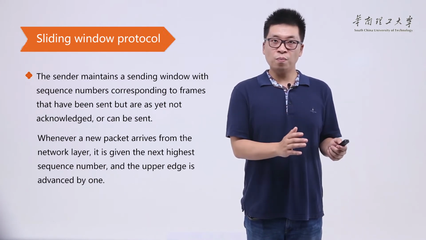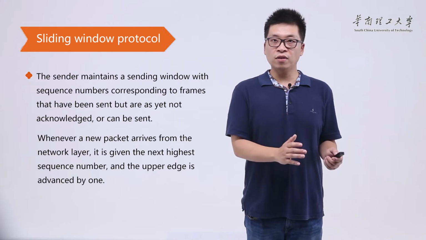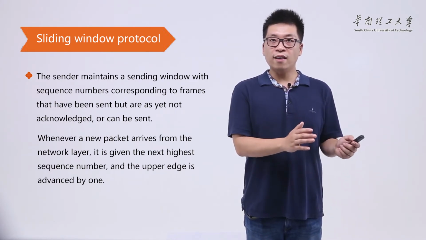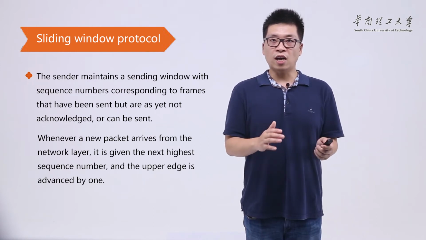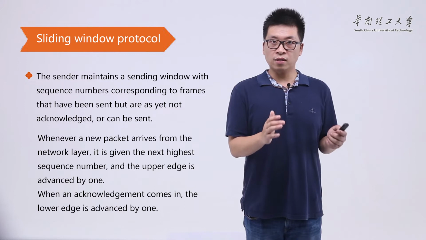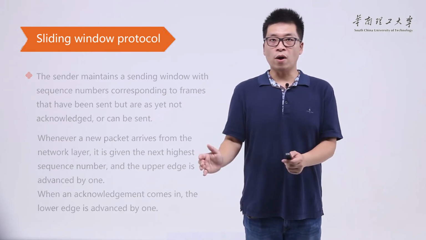Whenever a new packet arrives from the network layer, it is given the next highest sequence number, and then the upper edge is advanced by 1. When an acknowledgement comes in, the lower edge is advanced by 1.